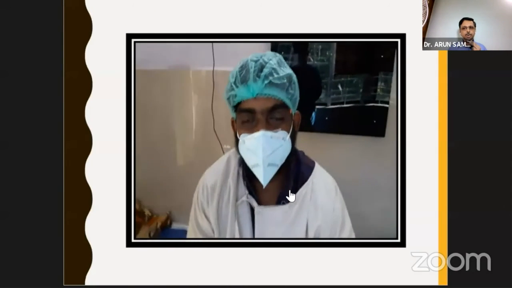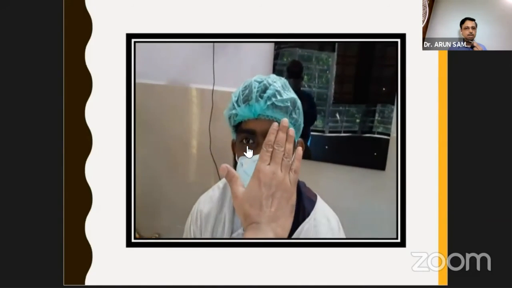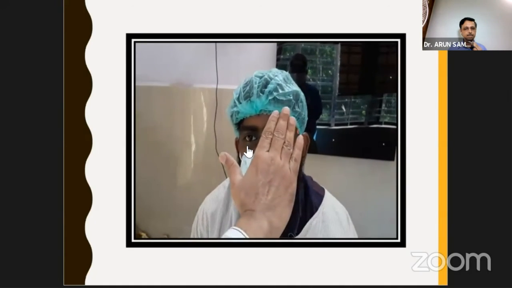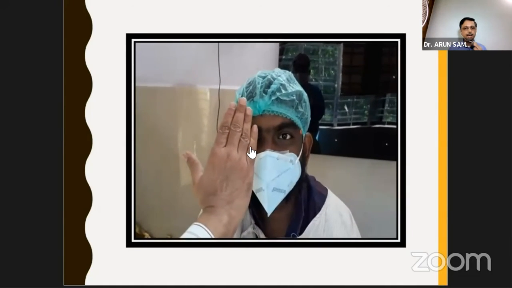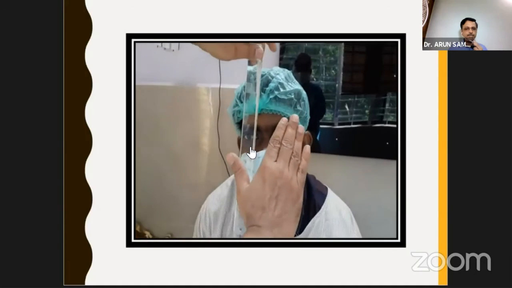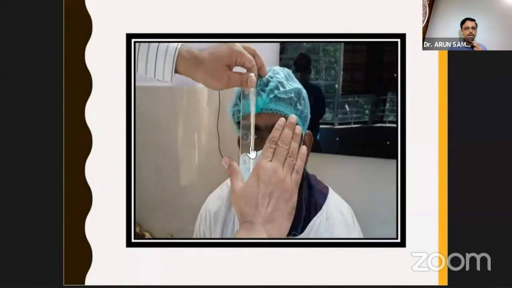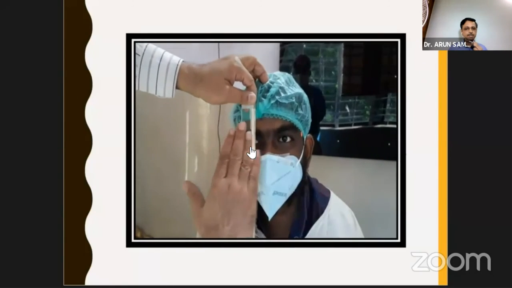How do we go about doing this? First, as I told you, dissociate the two eyes by doing an alternate cover test. This will bring out the latent deviation. Then you place the prism with the apex towards the deviation, and gradually increase the strength of the prism till you neutralize the deviation.